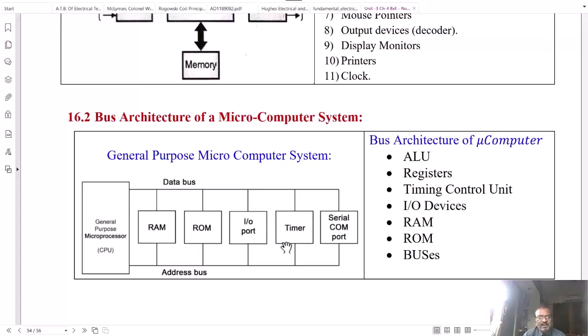Timers are basically counters, and a clock is connected to these counters to count the standard clock. So timers basically time the specific operations required under the program control.